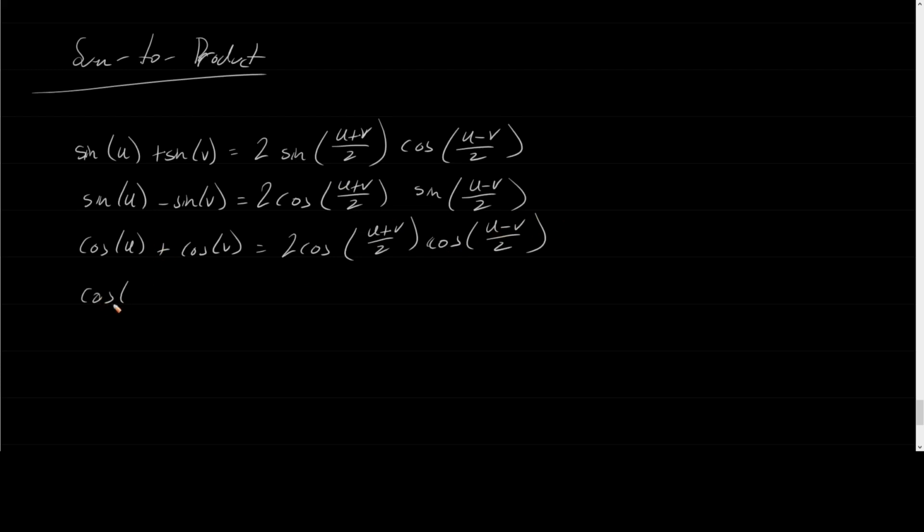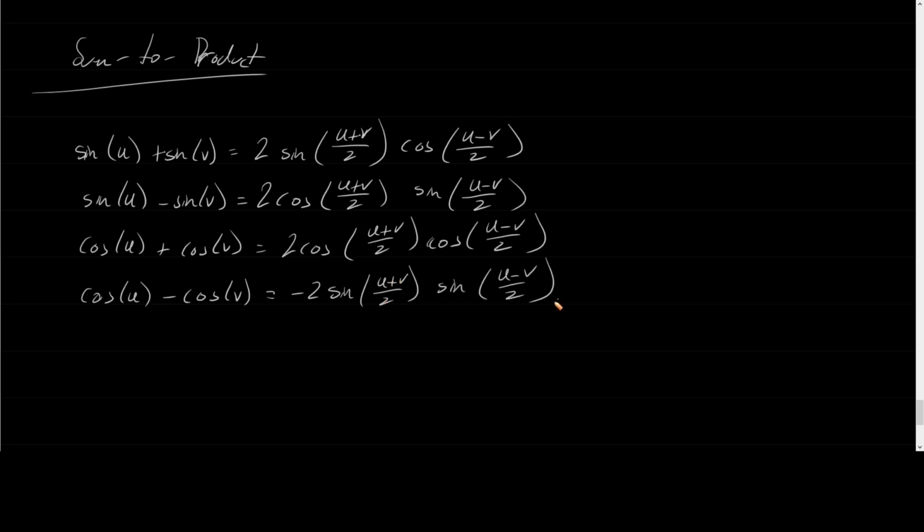And for the difference, cosine of u minus cosine of v, that would be negative 2, excuse me, not cosine, sine. Negative 2 sine of u plus v over 2 times sine of the difference, u minus v over 2. All right.